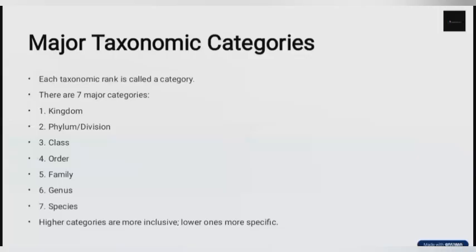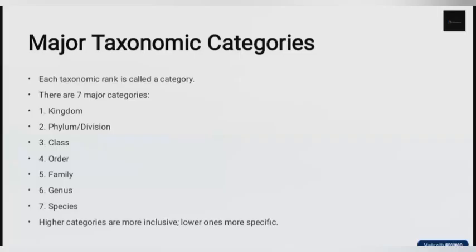So the last one now is species. Species is the basic unit of classification. When I taught us on cell, I told us that the cell is the basic unit of life, which means after a cell, there is no life. The simplest form of life you can find is in a cell.